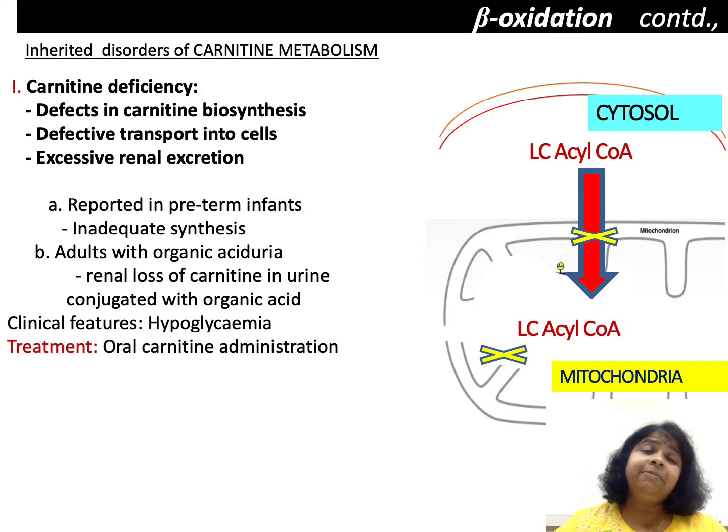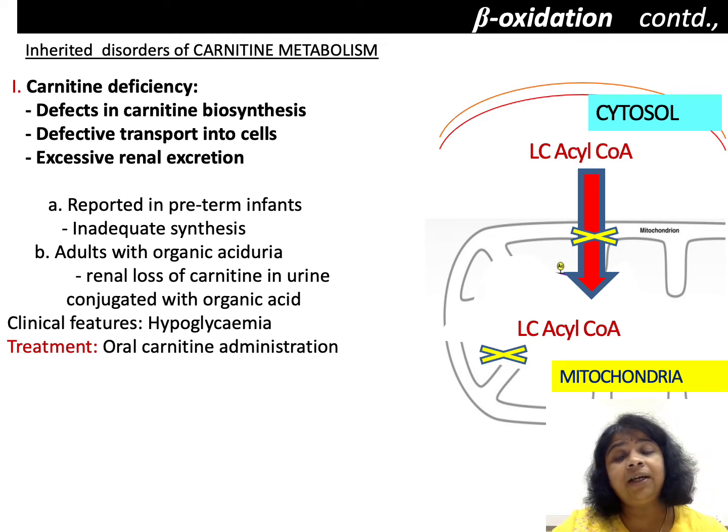So the main symptom the person is going to present with would be hypoglycemia, because beta oxidation usually happens after the glycogen stores are reduced, that is the person has been fasting for some time, glucose has been used up, and now the glucose is being set aside either for RBCs or for brain. So the next option would be to go in for beta oxidation.